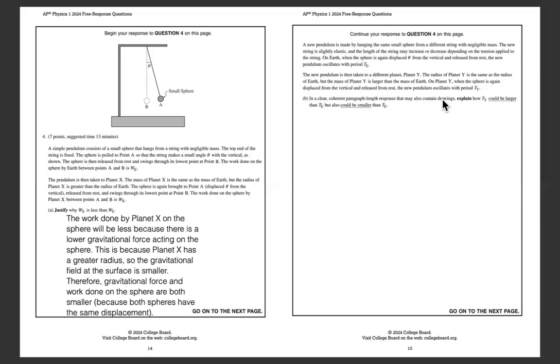So greater mass for planet Y means greater gravitational field, and a greater gravitational field means a lower pendulum period. However, since the string is slightly elastic, if you increase the gravitational field, then you're going to increase the length of the string.